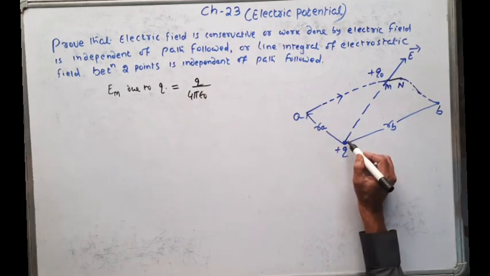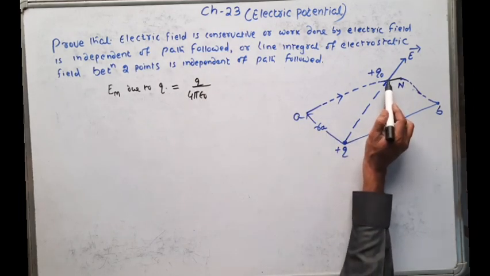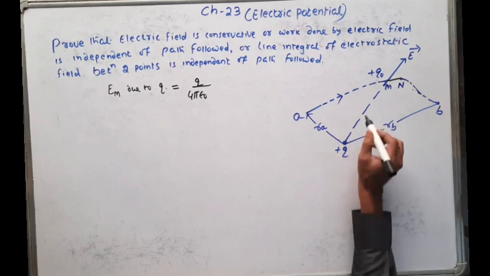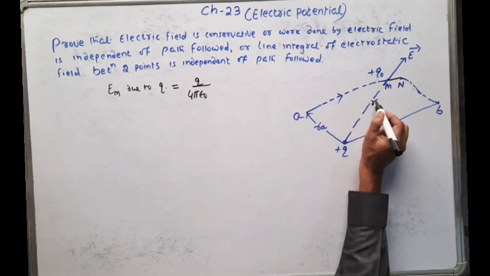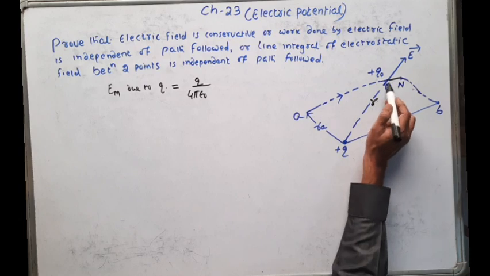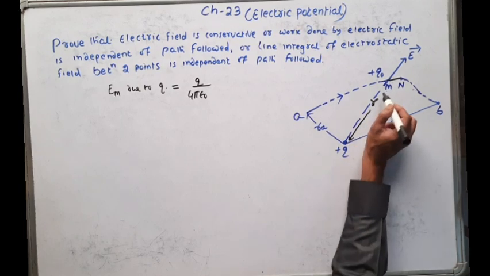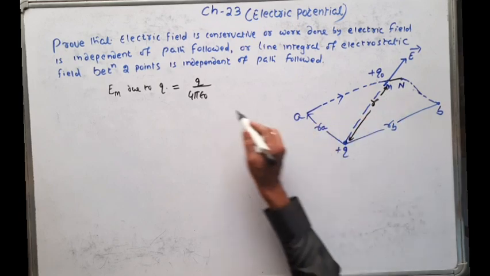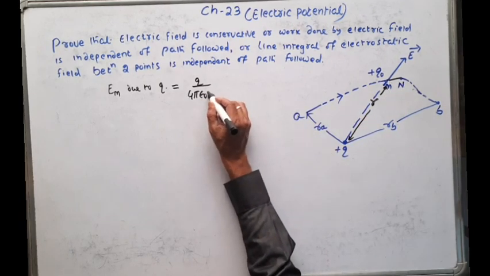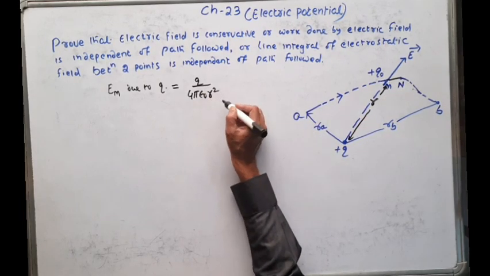Let us say at any instant the position of M with respect to this plus q is R. So the electric field intensity is q upon 4 pi epsilon naught R square.